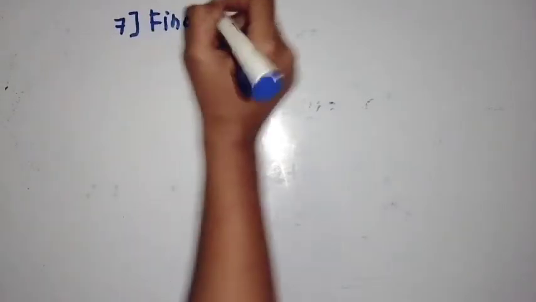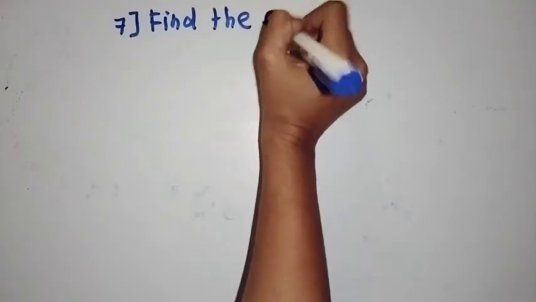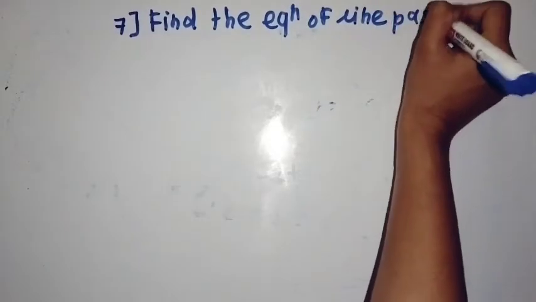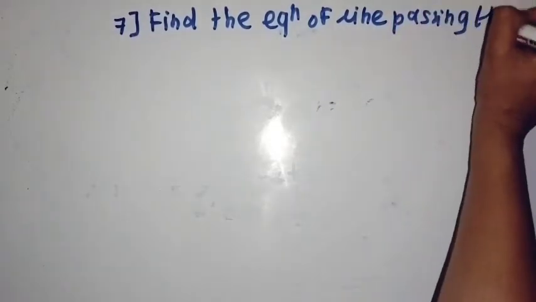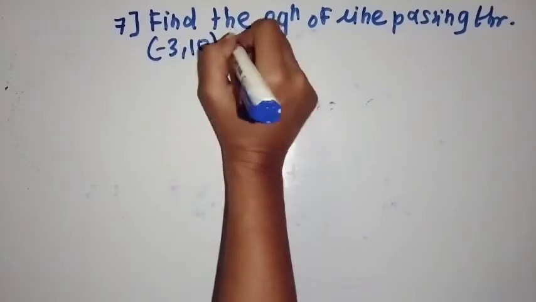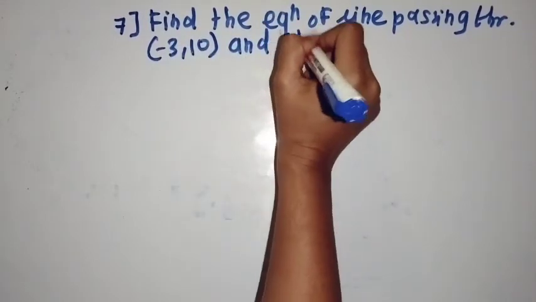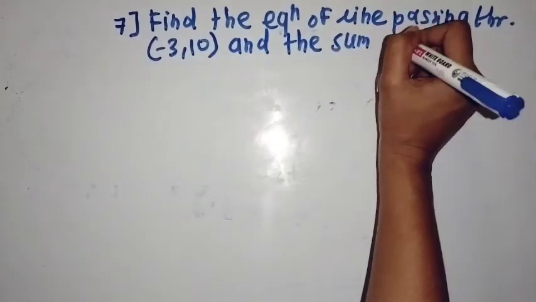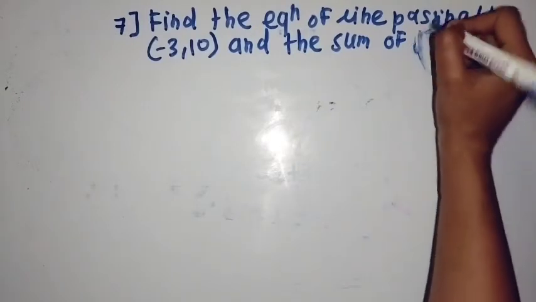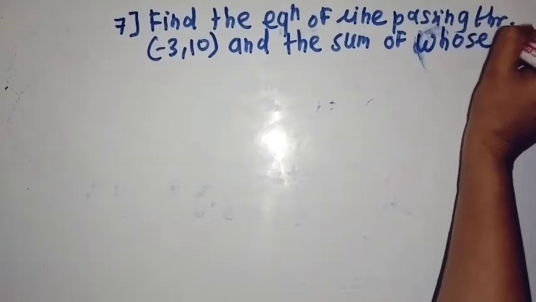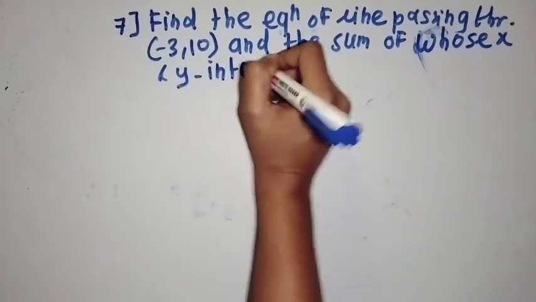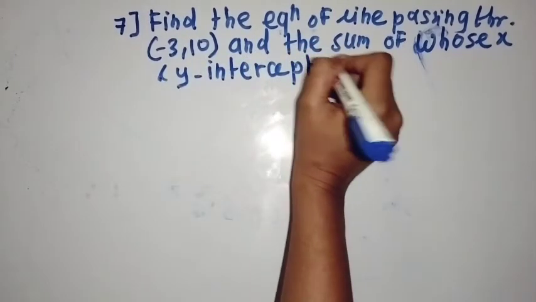Find the equation of the line passing through minus 3, 10 and whose sum of x and y intercepts is 8.